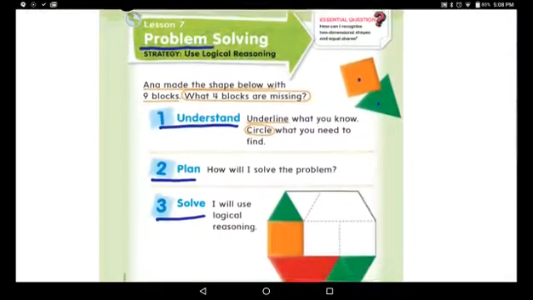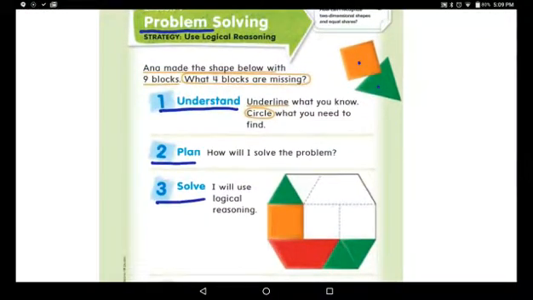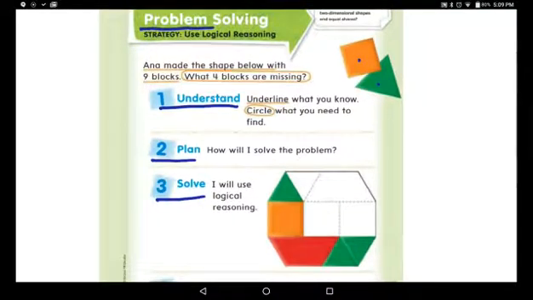So let's talk now about the strategy of our word problems today. We will use logical reasoning. I want you all to start holding your pencils and let's follow the same strategies we followed before.